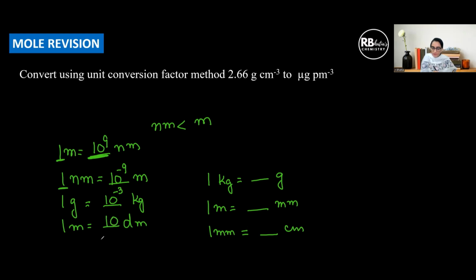Meter is a larger unit, so decimeter will have a larger numerical value. This is something very simple, but children still tend to make mistakes in this. And 1 millimeter is going to be 10 to the power minus 1 centimeter. Clear? Hope this is right.